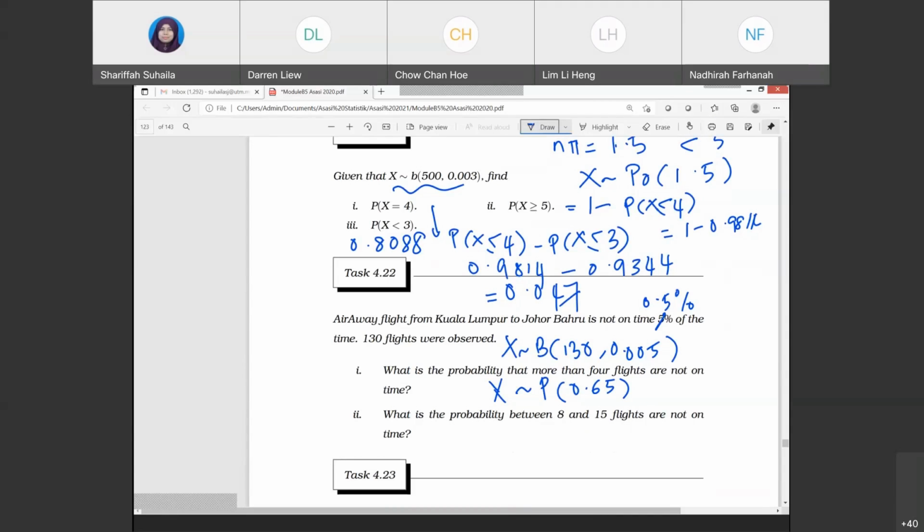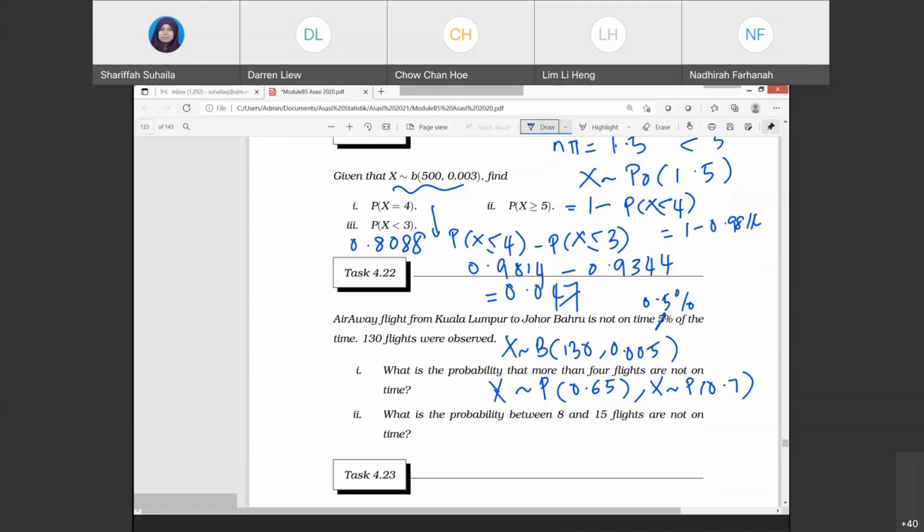Now you want to find more than 4. Since lambda 0.65 is not in the table, usually in a test we give values that are in the stats table. So let's say we took 0.7. We take the one closest to it, because we did not teach Poisson interpolation.